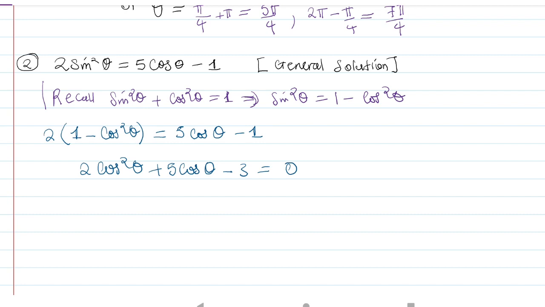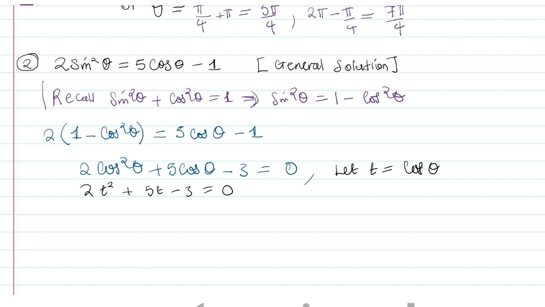Now, to make things easier, I am going to say let t be equal to cos theta. So this equation becomes 2t squared plus 5t minus 3 is equal to 0.